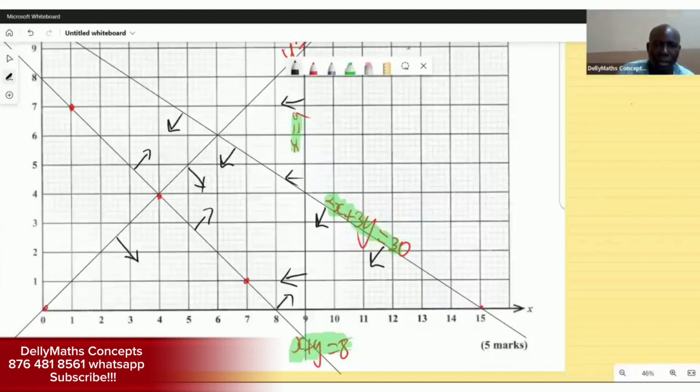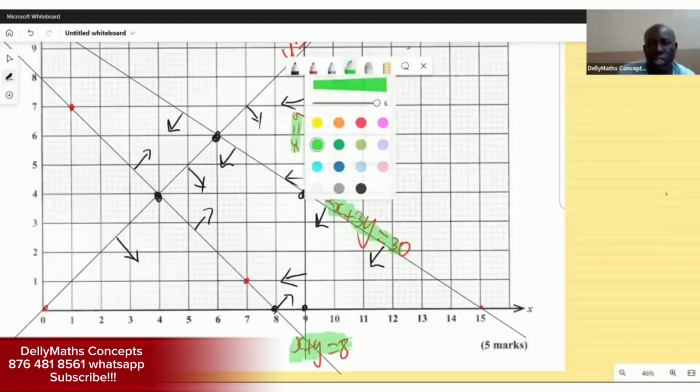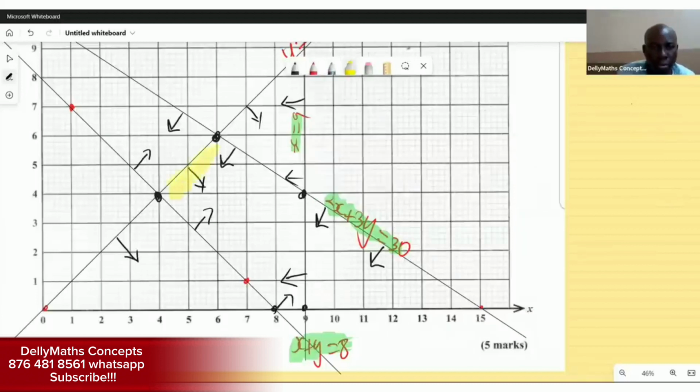If you really look, you're seeing the solution region for everybody. I could mark it off from here to here. This is my solution region, and I'm going to put it in yellow. This is the region.